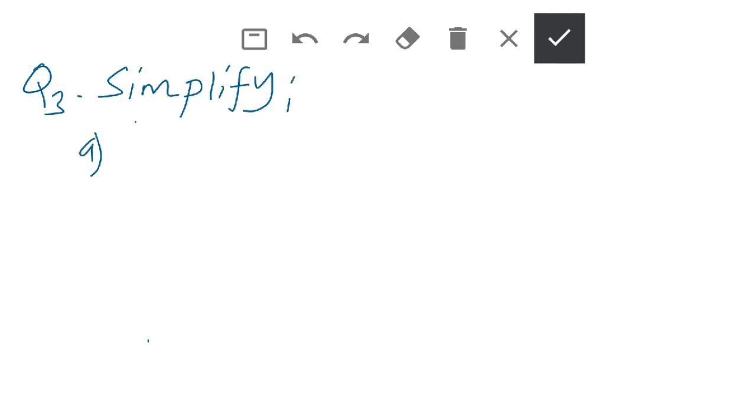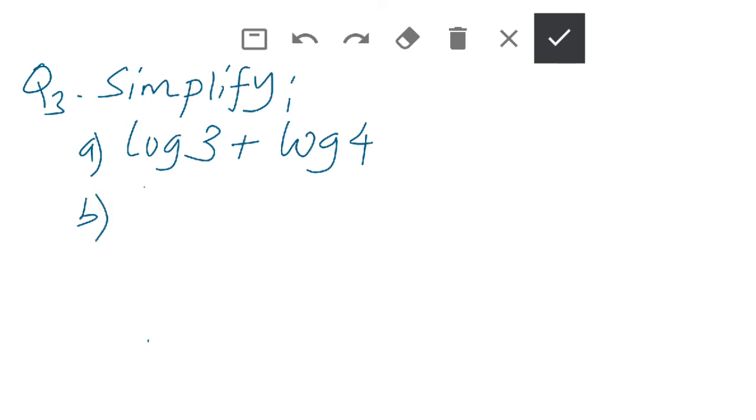Question 3, simplify the following. A, log 3 plus log 4.